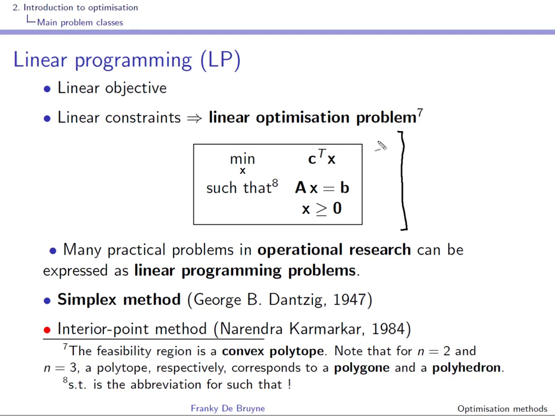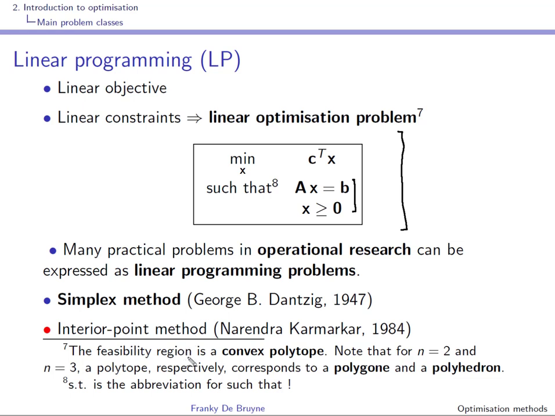And in this standard form, you recognize here the linear objective function. You have linear equalities under the form ax is equal to b, and the variables are constrained to be positive or 0.